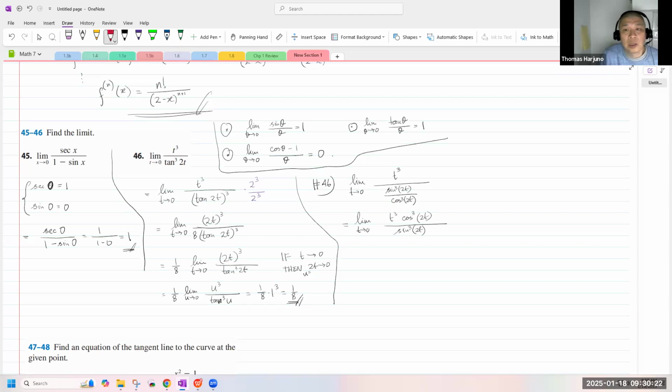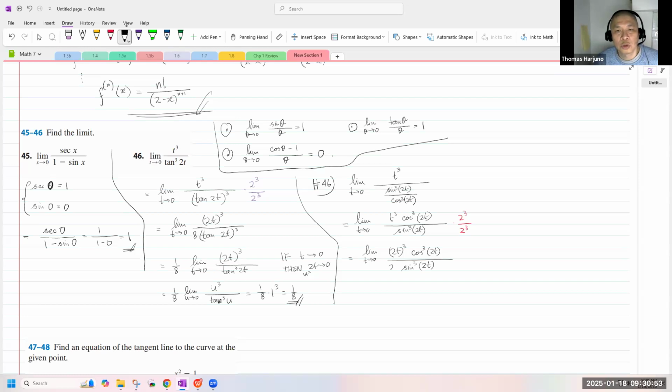Now from here I multiply by 2 cubed on the top and 2 cubed at the bottom. Then I have limit t goes to 0 of 2t cubed cosine cubed 2t over sine cubed 2t.